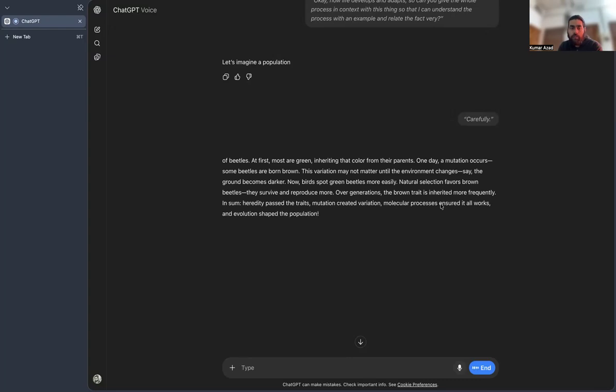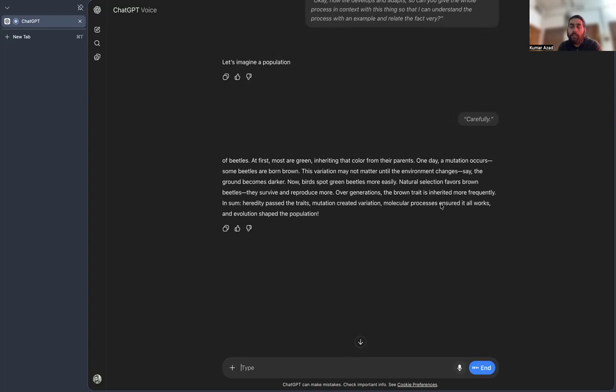That's a fantastic example. So you are mentioning this beetle. First, they are mostly green, and because they are inheriting from their parents, one day some mutations occur. So some beetles are born brown, and this variation may not matter until the environment changes. Say the ground becomes darker. Now birds spot green beetles more easily.